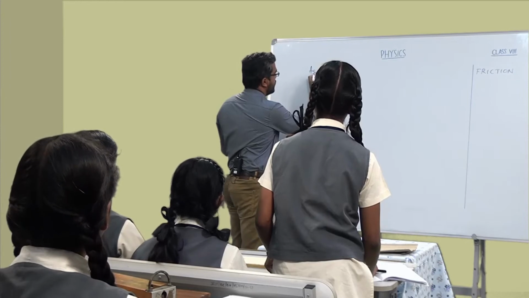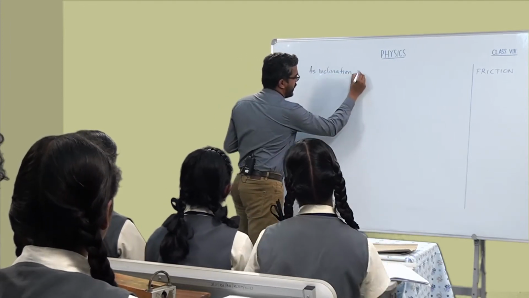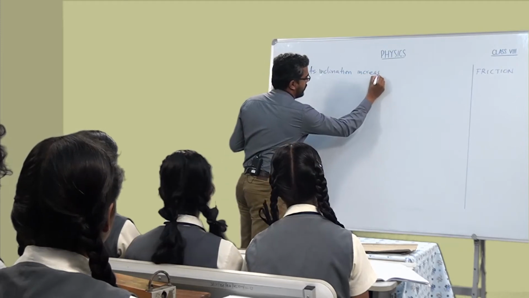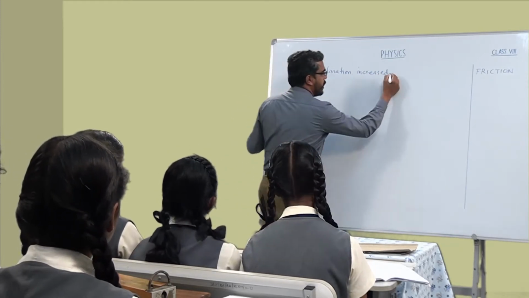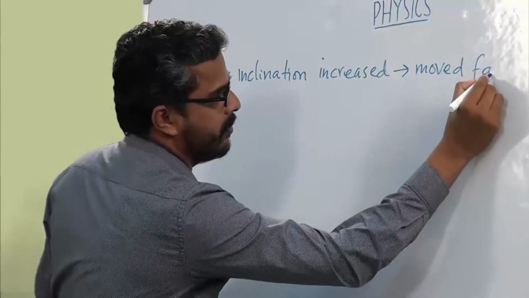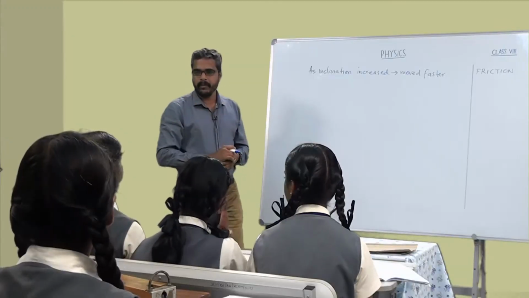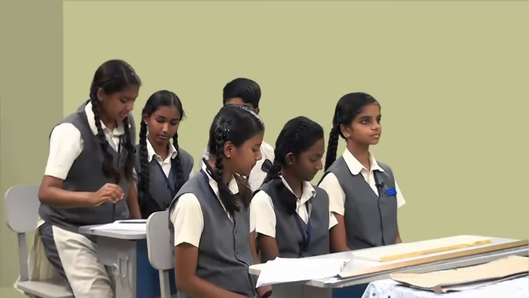So as inclination increased, then what happened? Moved faster. Right? Okay. Second group? Sir, when inclination is more, then the object moves faster. Okay. So the same thing, right?